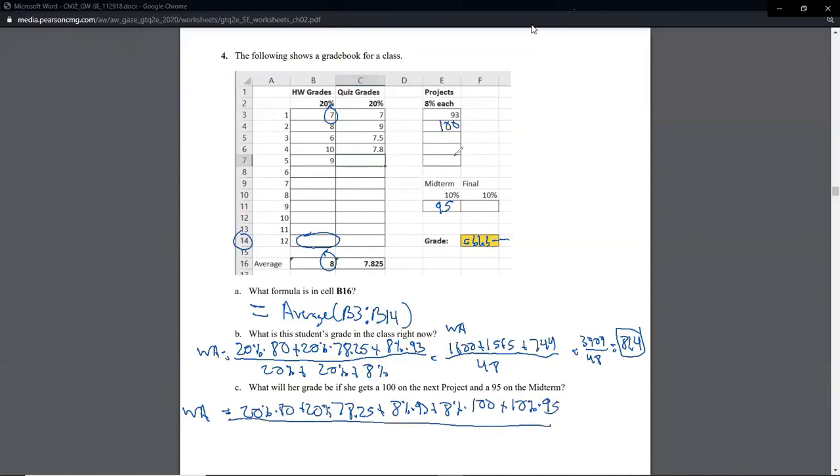All over, so we're still missing 3 projects, we're still missing the final. So the bottom is not going to be 100, it's 20 plus 8 with percents, of course. Sorry for the rushing, getting close to time. Now we also have the extra project, which was another 8%, plus the midterm, which was 10%.